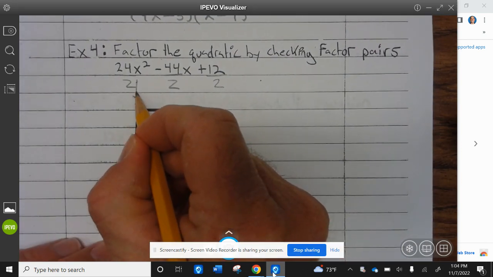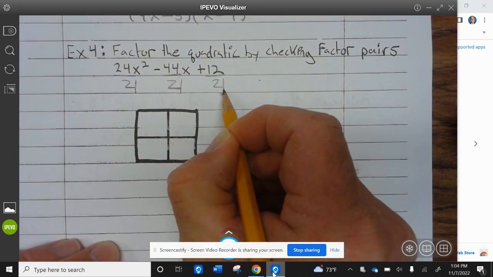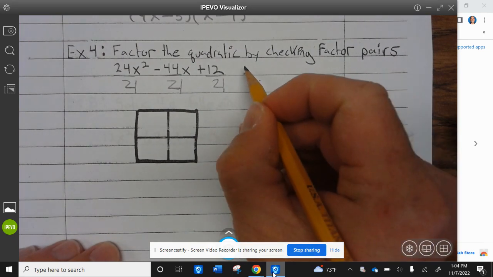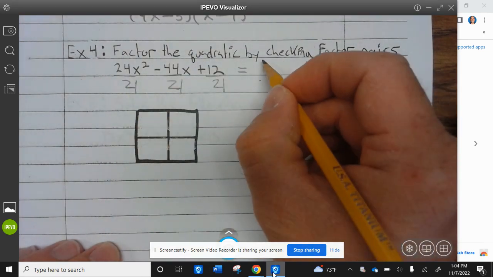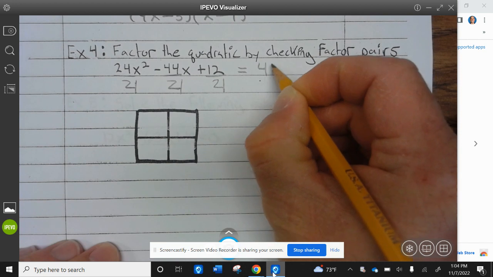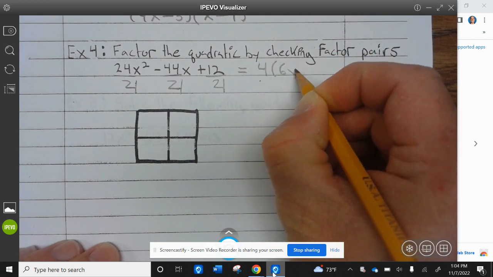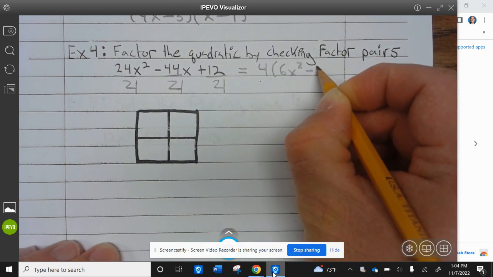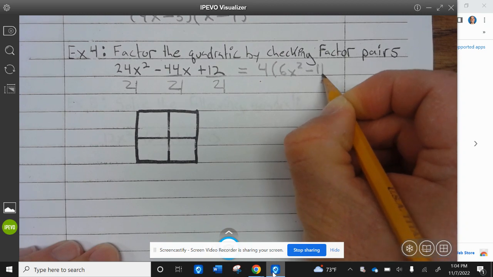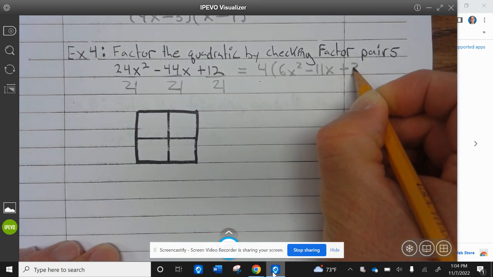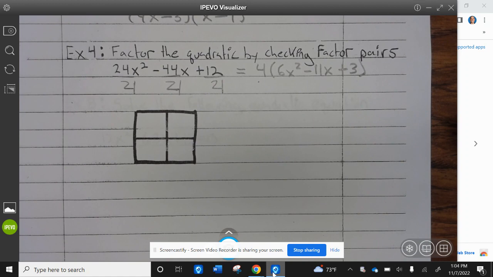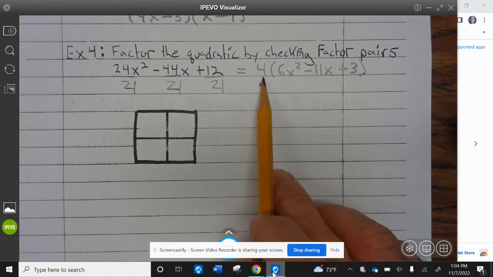We can actually divide by 4. Now, 24 divided by 4, that means we're factoring out a 4. That's 6x squared minus 11x plus 3. Okay, that means our final answer will have a 4 in the front.